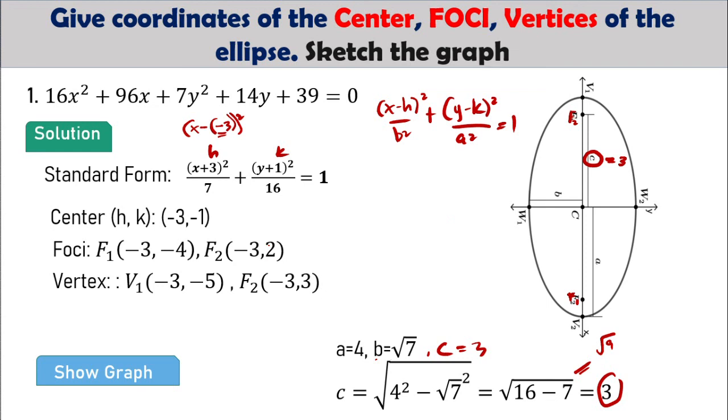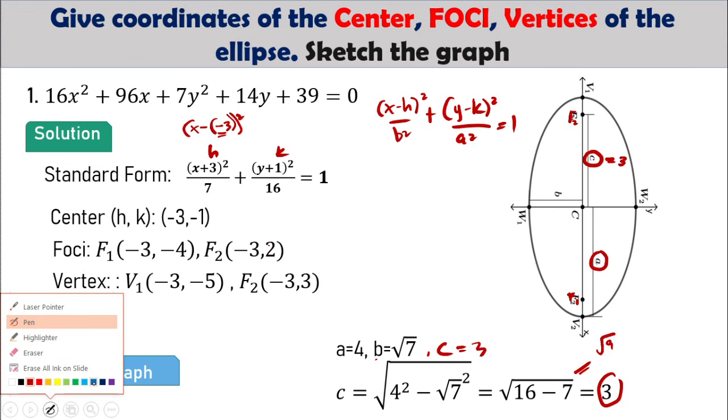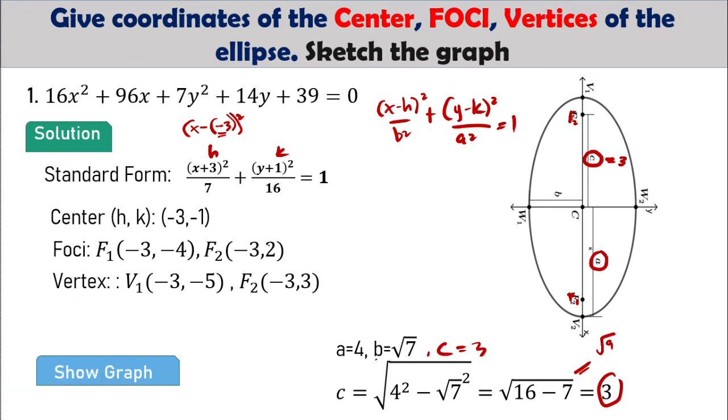The distance from the center to the vertex is given by A. Let's use another color so we won't have a hard time. So this is A, that is the vertex.